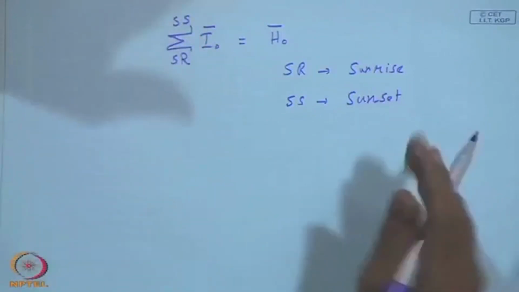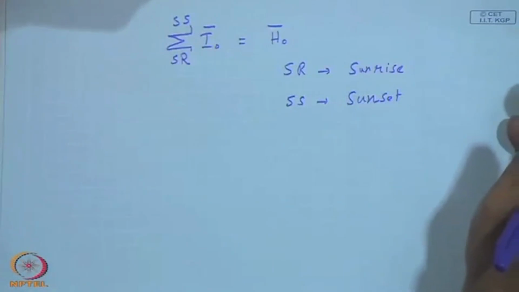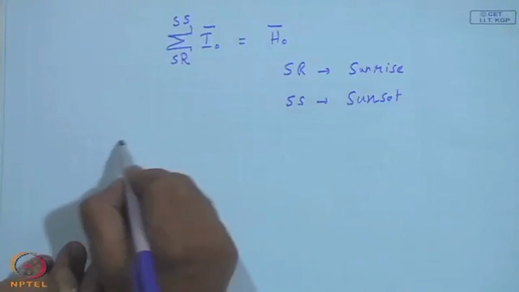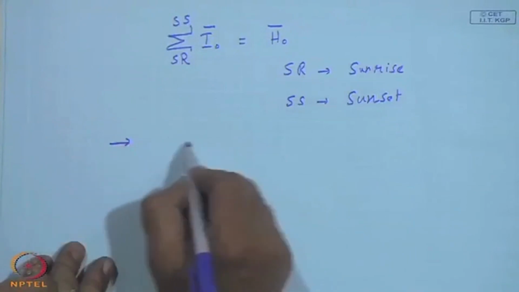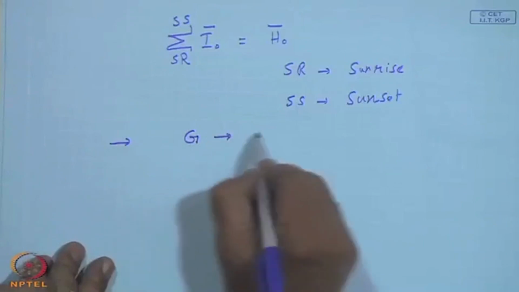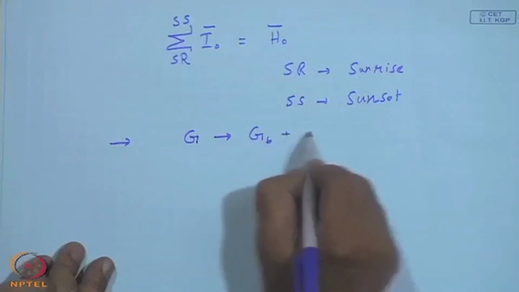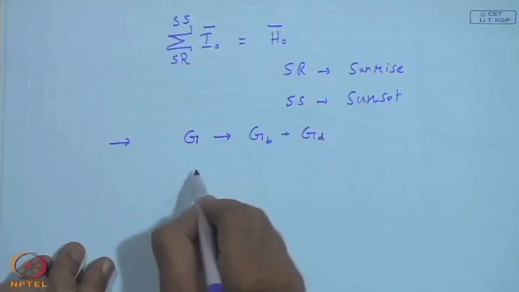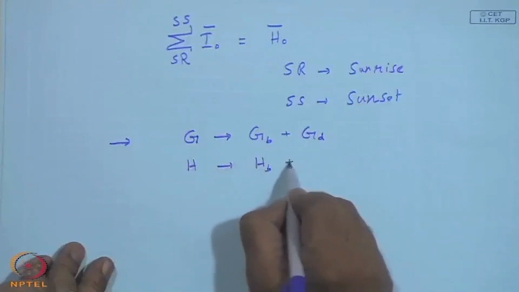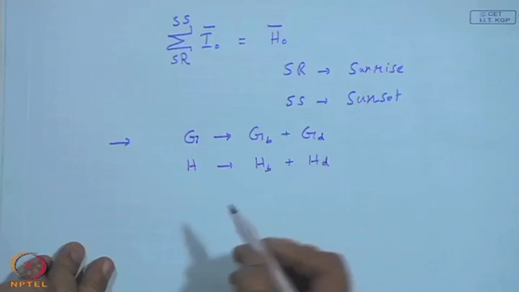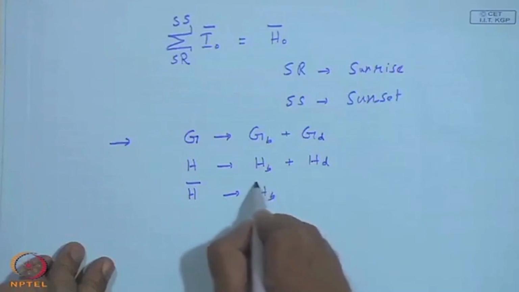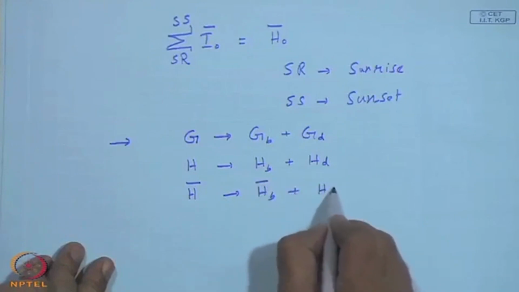Okay. Of course, you can go with a yearly average also, but that I think is too much, we do not do this. So, once we were defining the terrestrial components, correspondingly there will be G, which will comprise of G B plus G D, then a corresponding H, which will comprise H B plus H diffuse, and H bar, H B bar plus H D bar.